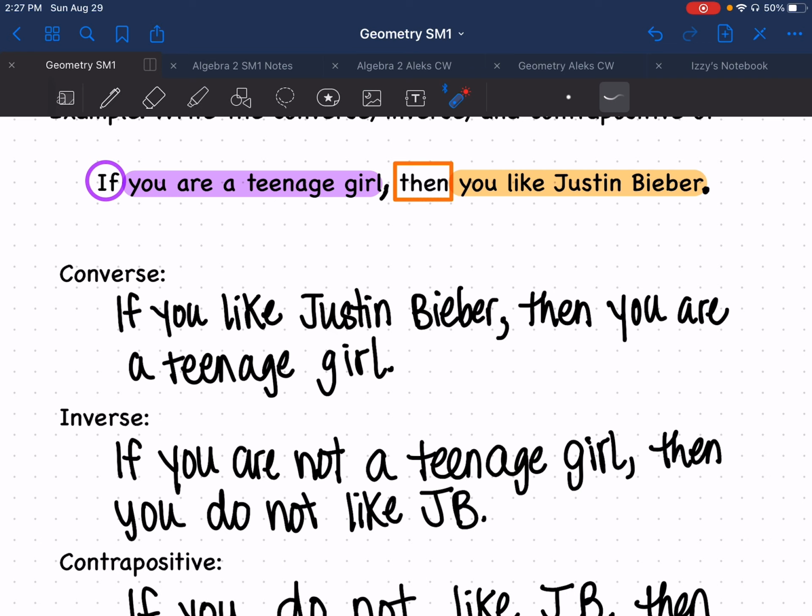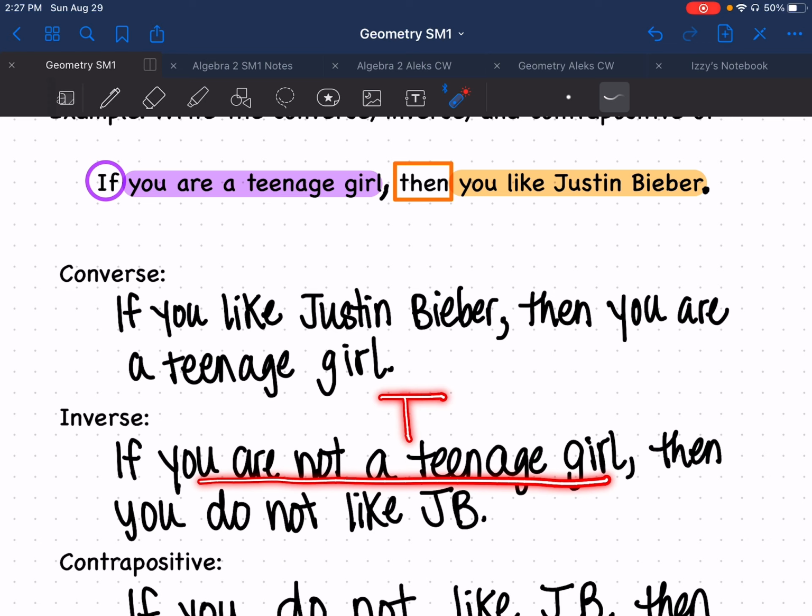Okay. This is the true part, and the part that has to be false is the teenage girl. You have to like him, but not be a teenage girl. All right, so inverse. If you are not a teenage girl, this has to be true. If you are not a teenage girl, then you are a teenage boy or you are an adult.